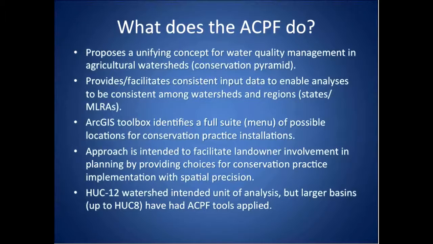Even though it's a watershed base, you can do field scale planning, or begin to do field scale planning, with the ACPF. And so we're looking at this as the HUC 12 is our basic unit of analysis, but we have had some users who've taken this up to coarser resolutions and larger basins at the same time.